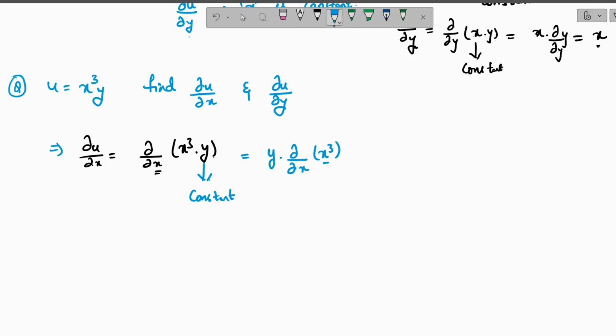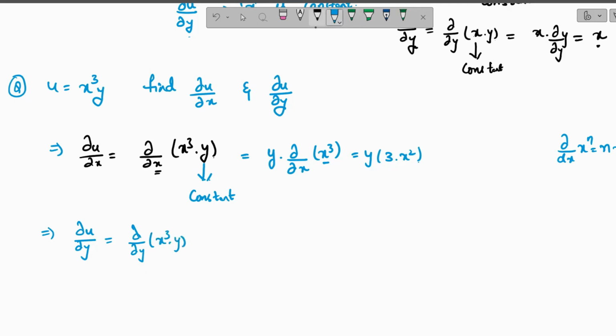So differentiation of x cube means you have to apply the formula d by dx x to the power of n. This is nothing but n x to the power of n minus 1. So based on this formula, it is y into 3 dot x square. So the answer is 3x square y. Similarly, dou u by dou y is equal to x cube dot y.